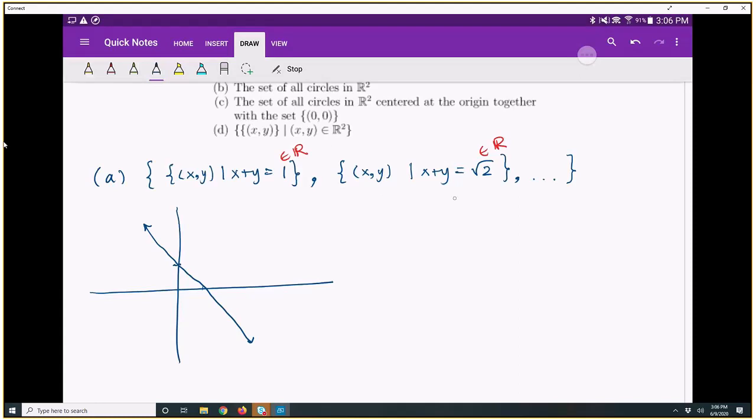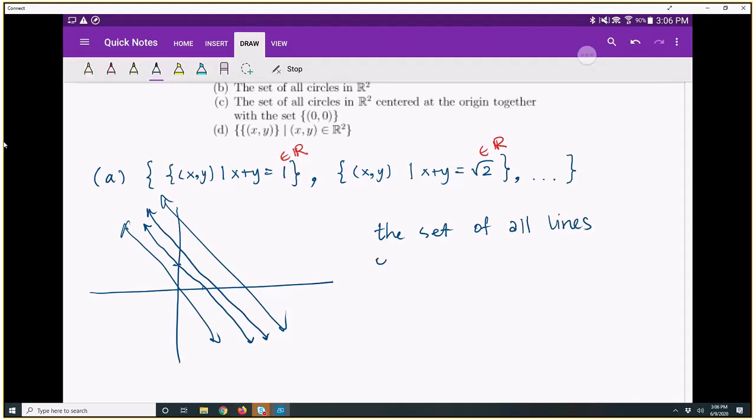The next set would be the line which intersects the y-axis at square root of 2, and so on. So if we ran this collection over every possible real number, we would get the set of all lines of slope -1.